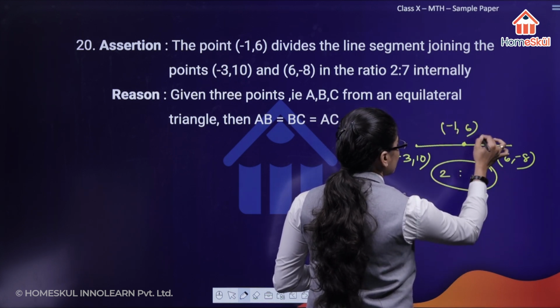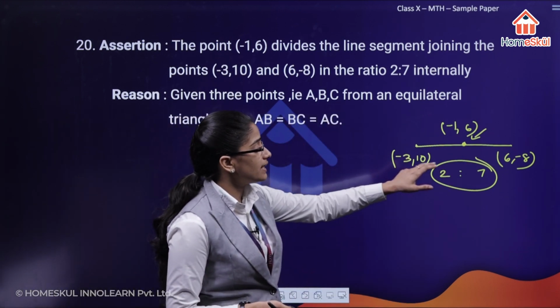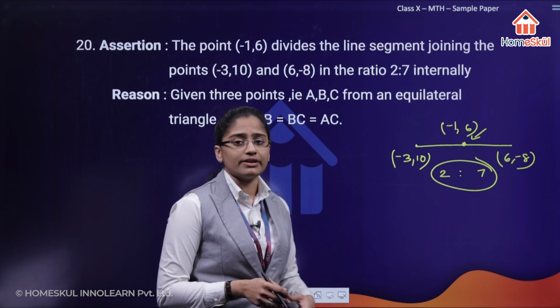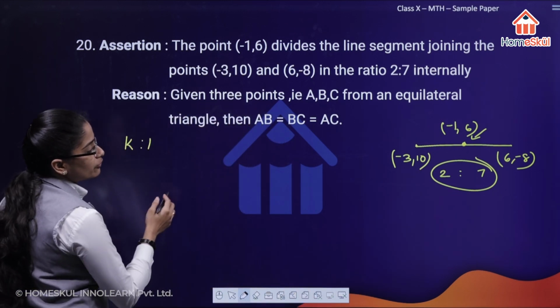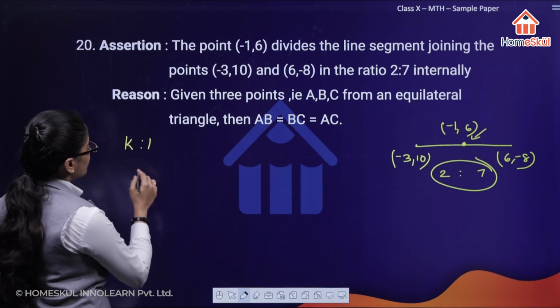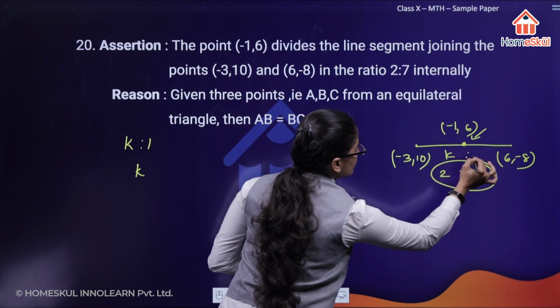So we need to check whether this -1, 6 divides the line segment joining -3, 10 and 6, -8 in the ratio 2:7. So, let's consider the ratio to be k:1, okay? Using the section formula, instead of 2:7, we are taking it as k:1.